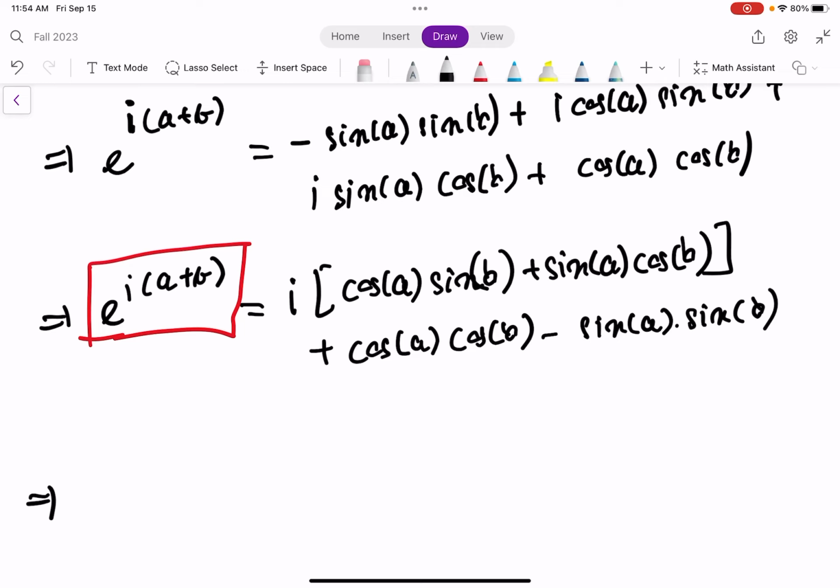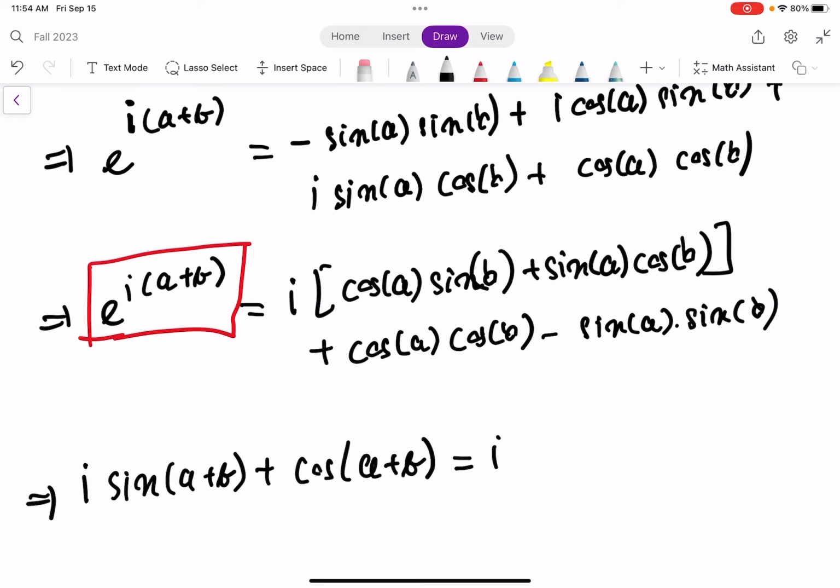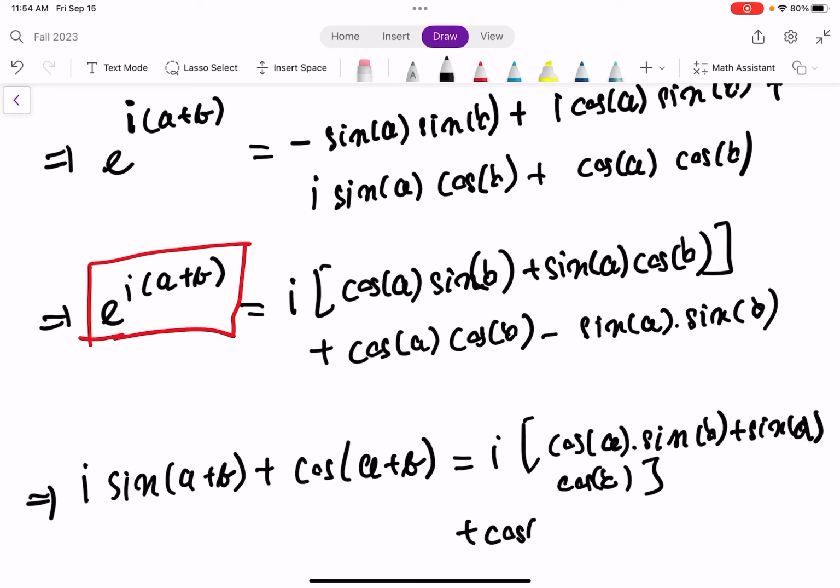So I can replace that as i sine of a plus b plus cosine of a plus b, equal to i times cosine a sine b plus sine a cosine b, plus cosine a cosine b minus sine a sine b.